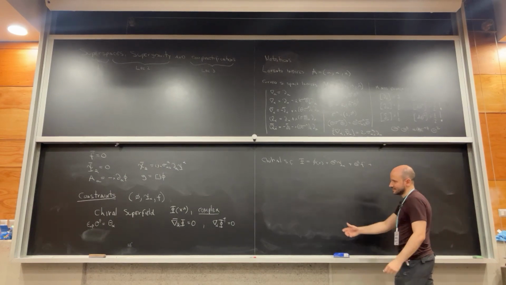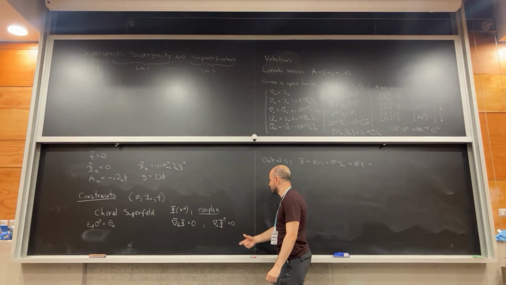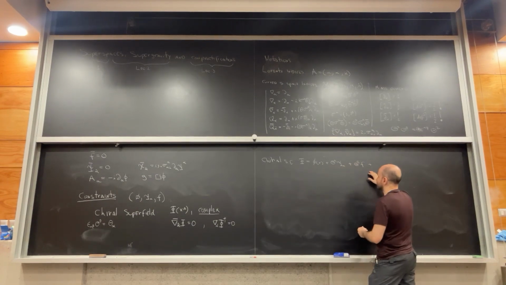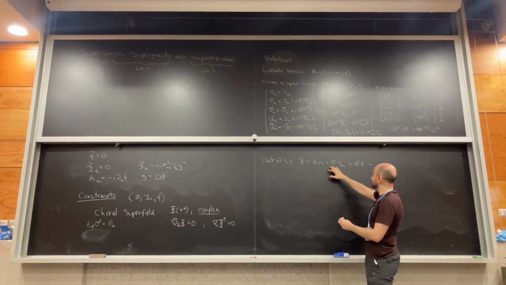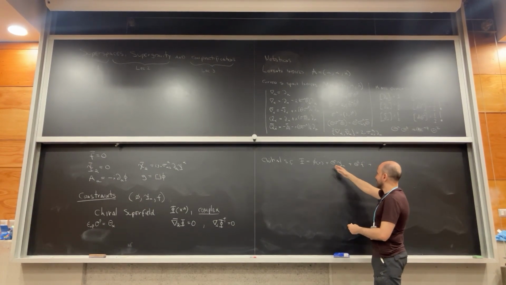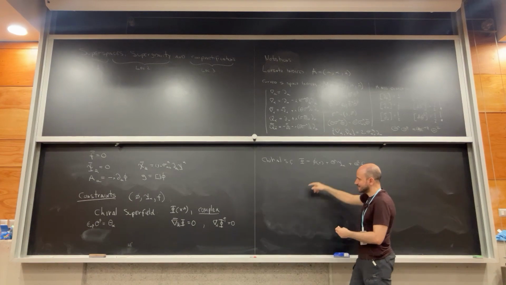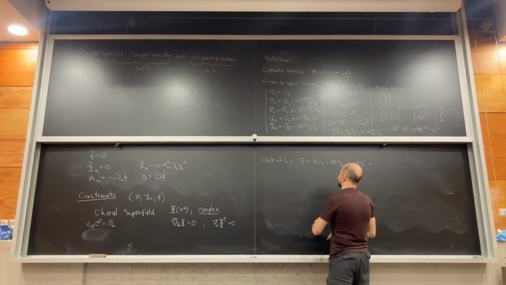If I write this equation in terms of components and solve them, I'm going to get something very similar to this, but with the roles replaced. So where I have theta, I'm going to have theta bar, and where I have a psi, now I have psi conjugate, and so on.